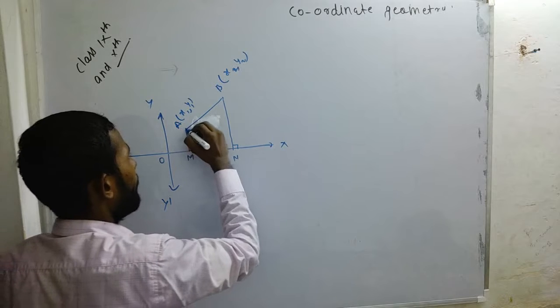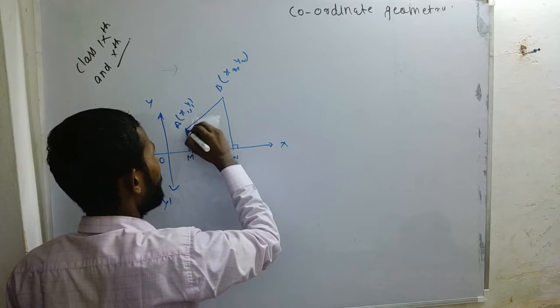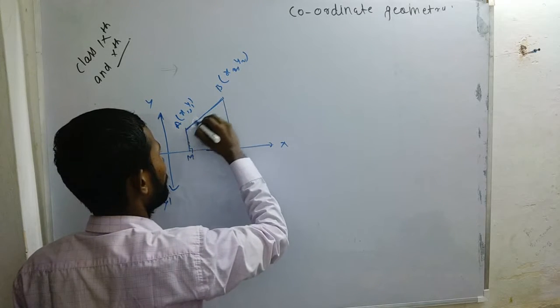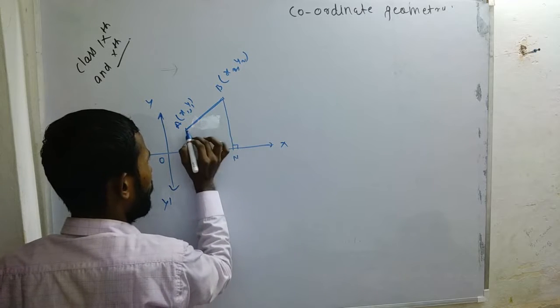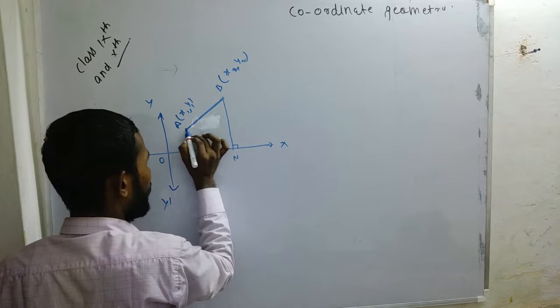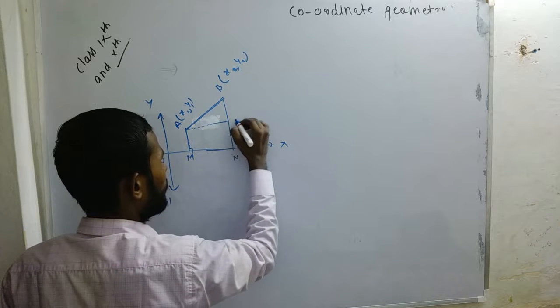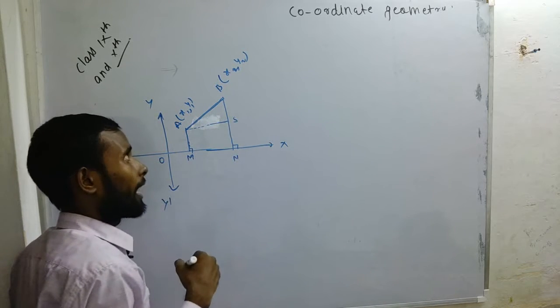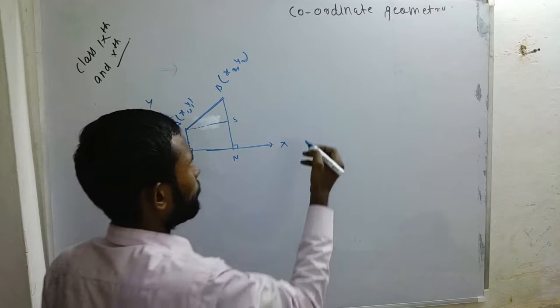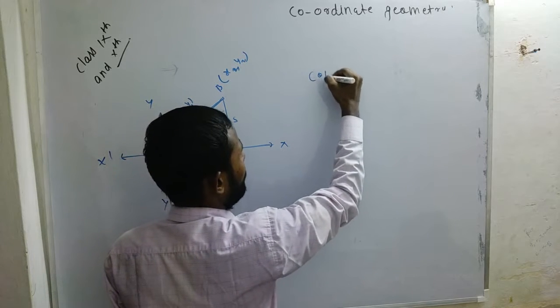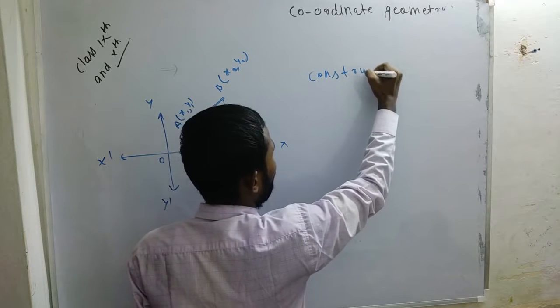We have to measure the distance of AB. Now we draw perpendicular from A to BN, which is S. Now write the construction, so simple.